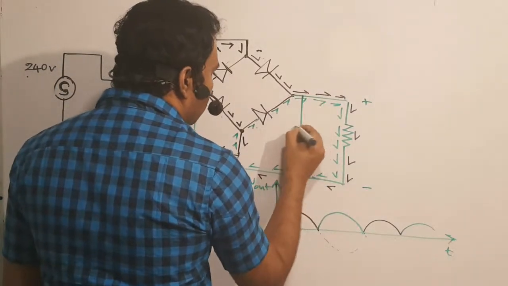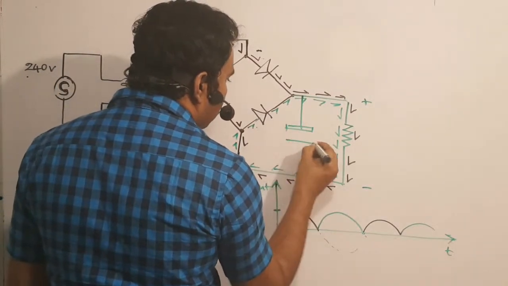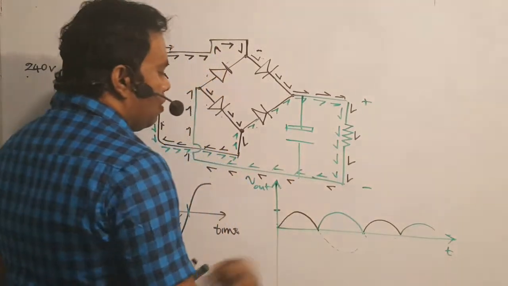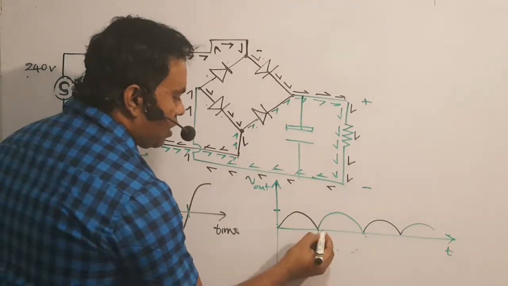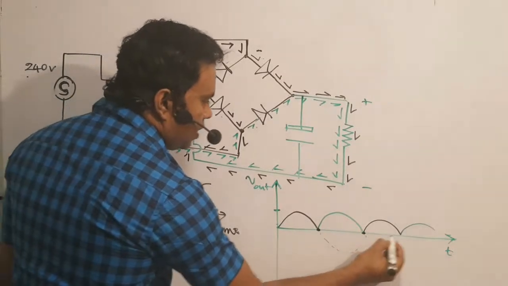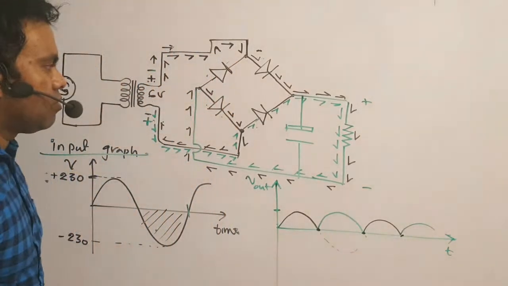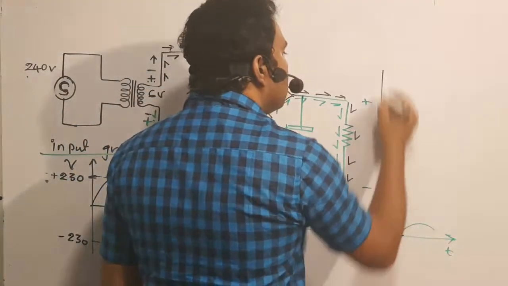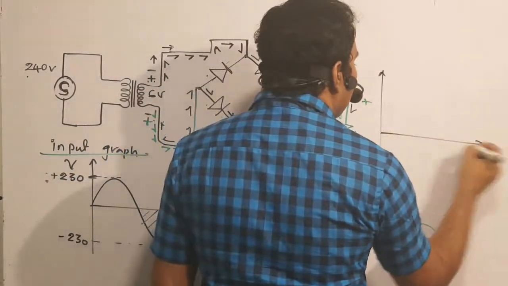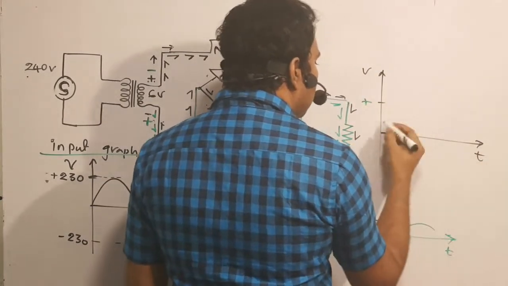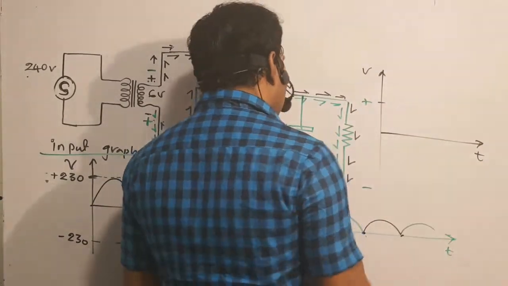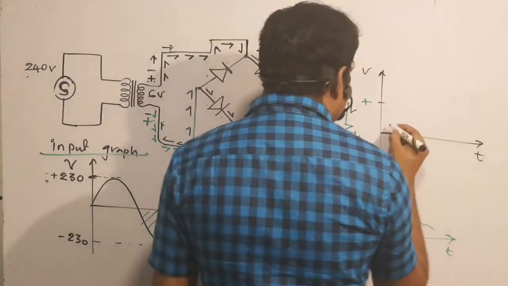We can smooth it by using a capacitor. When the current is absent at these points, can you see that? In that case, the smoothing circuit gives output like here, voltage and time.